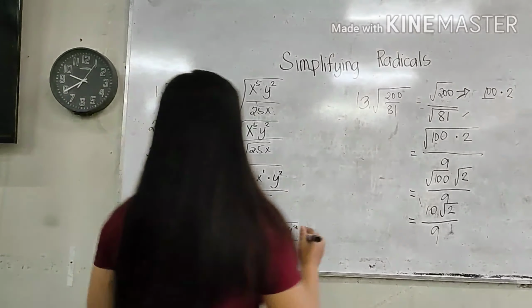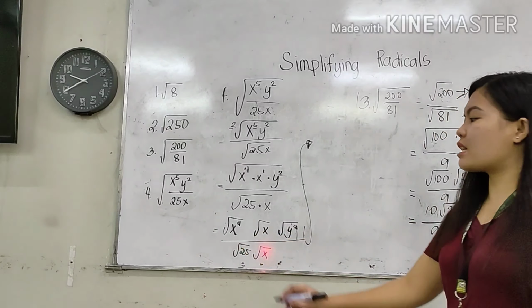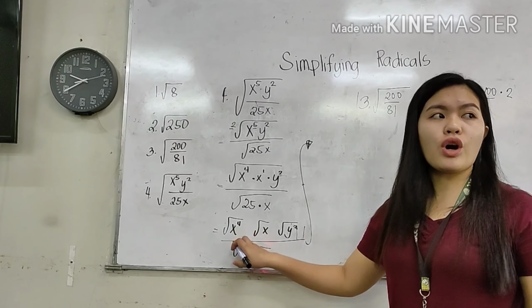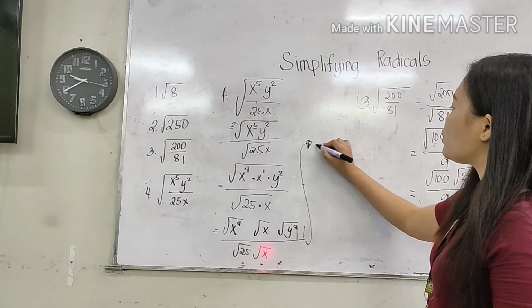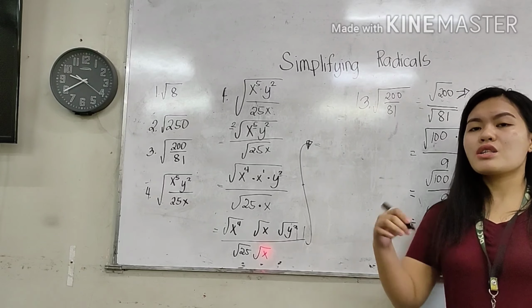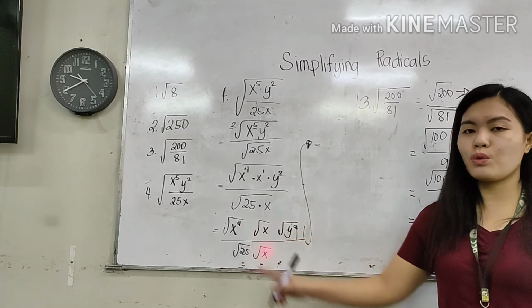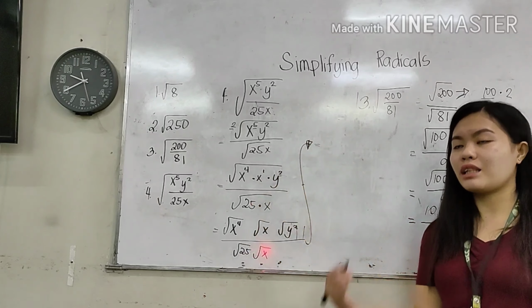And then let's go back here. From here, let's get the square root of x raised to 4. How to get that one? Just rewrite it into a rational exponent. If you remember how to write a rational exponent into radicals, this is the reverse.